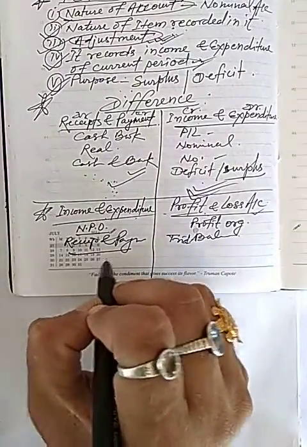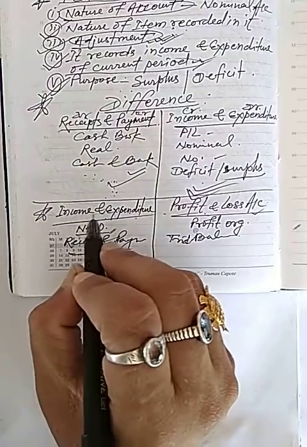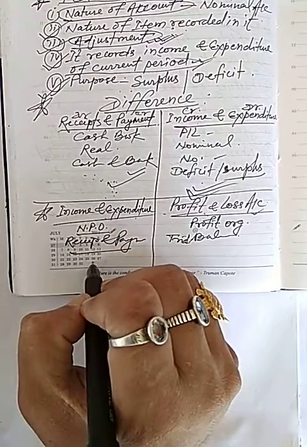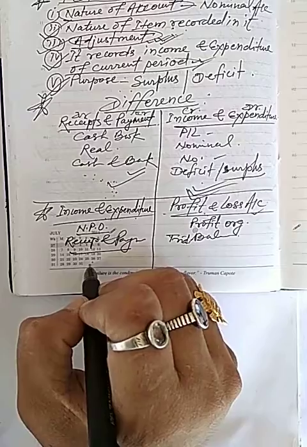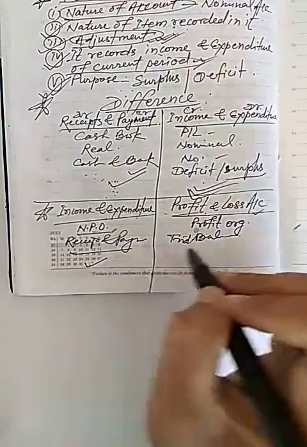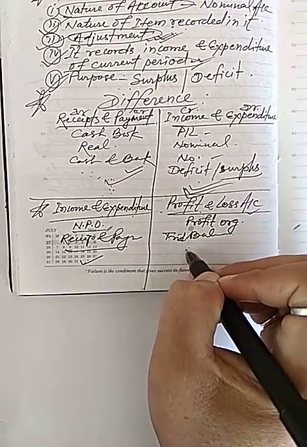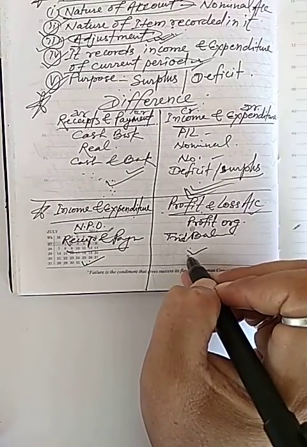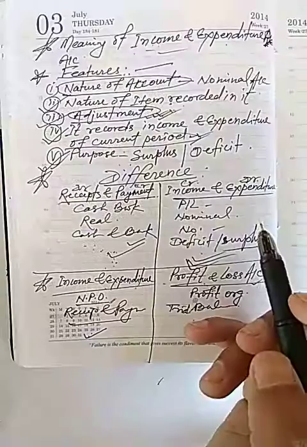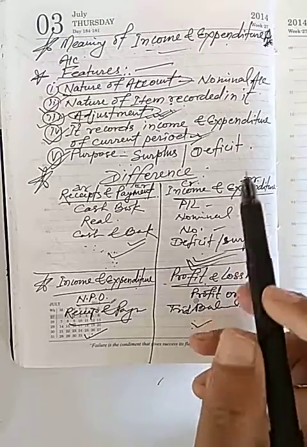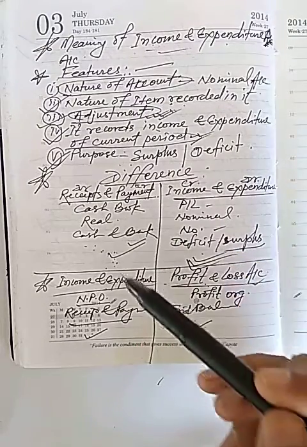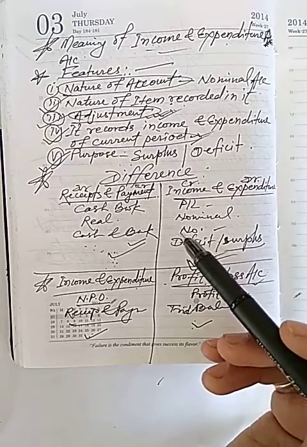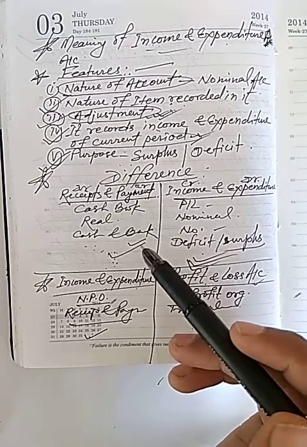Balance of income and expenditure account shows surplus or deficit, but balance of profit and loss account shows net profit or net loss. So these are the main theory of the not-for-profit organization chapter.